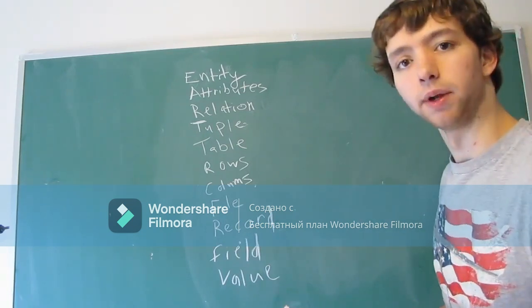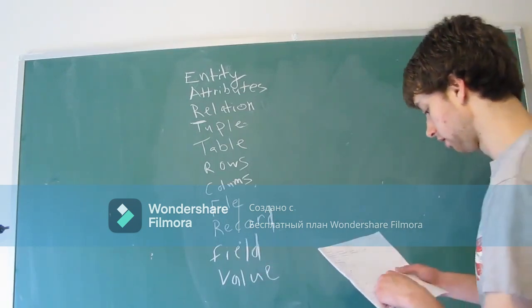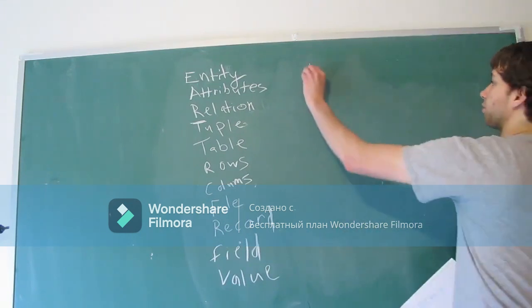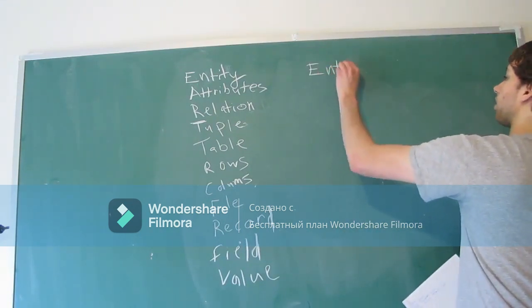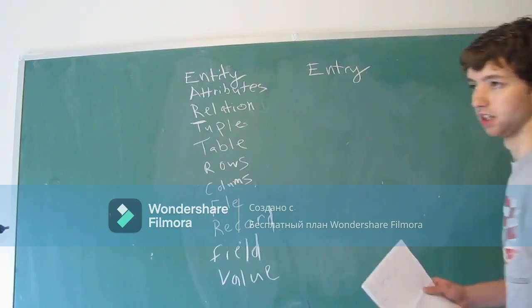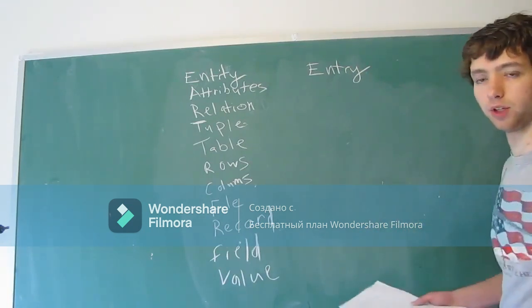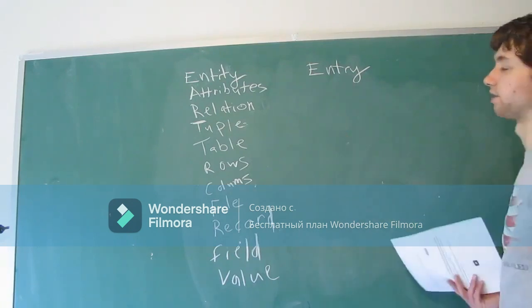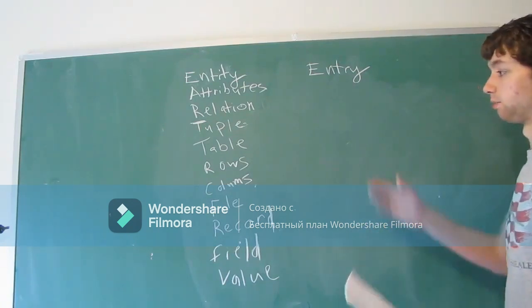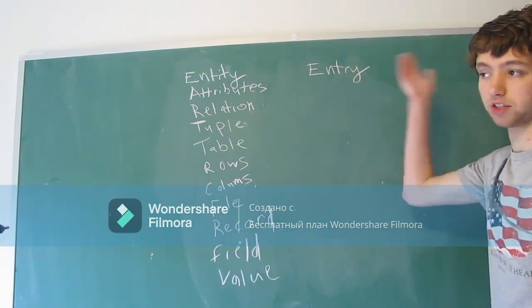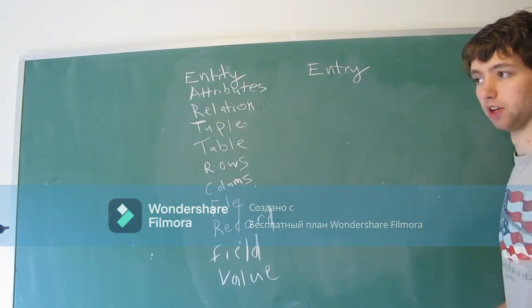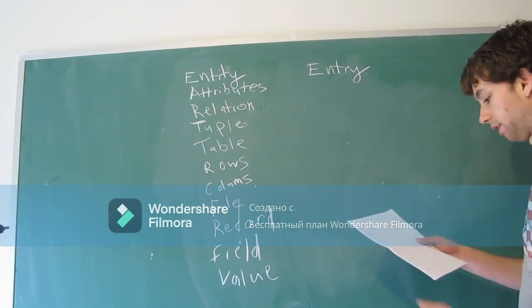Oh man, it's already 10 minutes. Alright, then we have an entry. You may hear the term entry, which I like to use as almost like a verb. When you enter data, you get an entry. So basically an entry is just another name for a row. There are obviously a lot of similar names, and we'll be making a table saying what word. Just give me a minute.